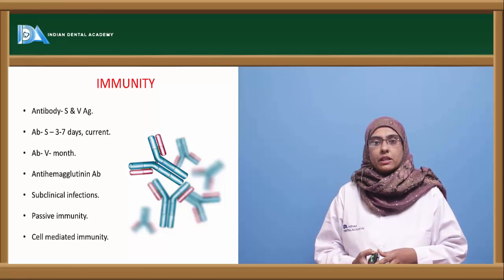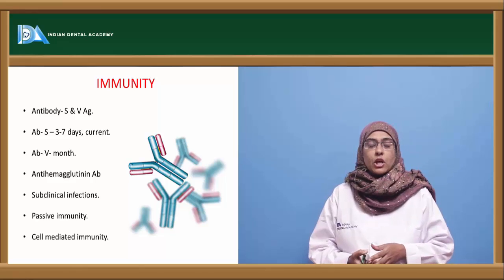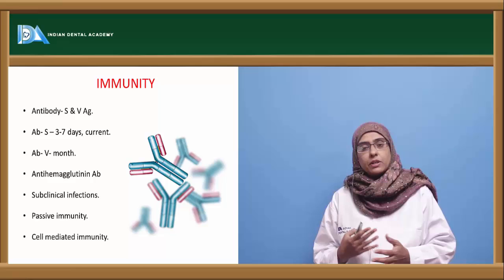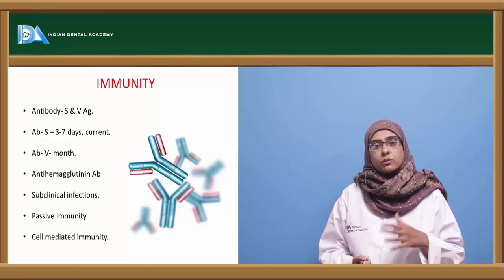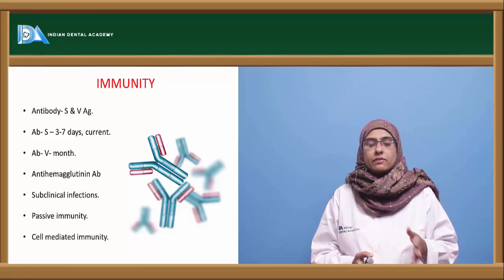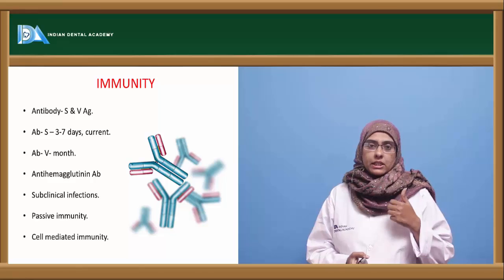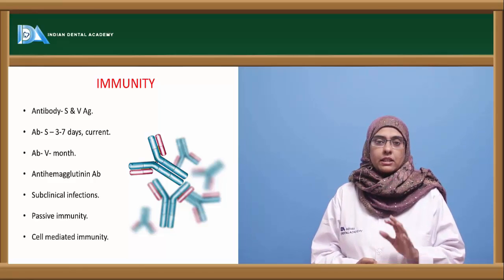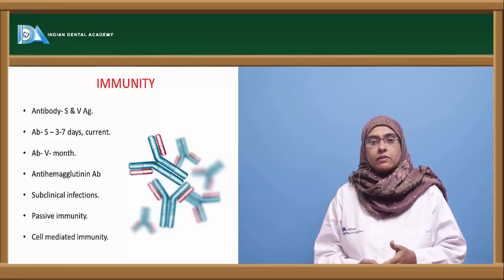Coming to immunity, the response given by the host against this organism. When there is an entrance of the antigen, the human body protects itself by producing antibodies. The antibodies are produced against 2 important types of antigen, the surface antigen, the S antigen, and the V antigen. The antibodies against the S antigen are produced after 3 to 7 days, usually represent the current infection, and are eliminated within 6 months.